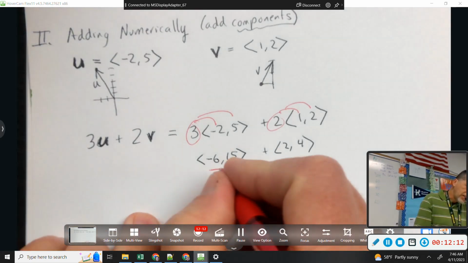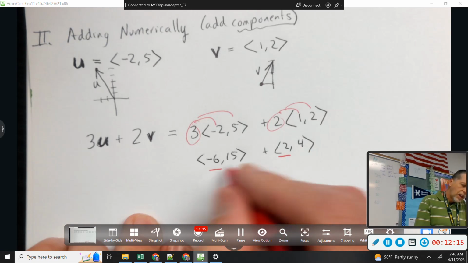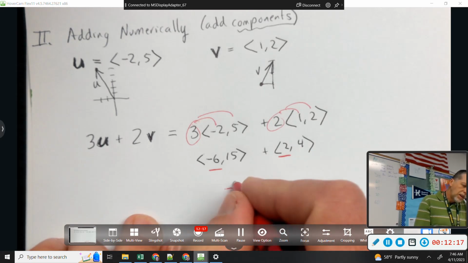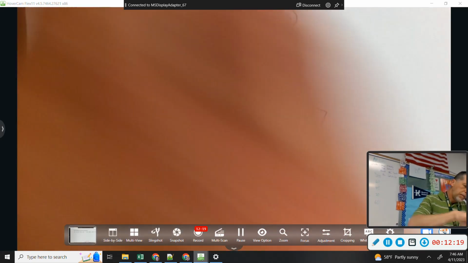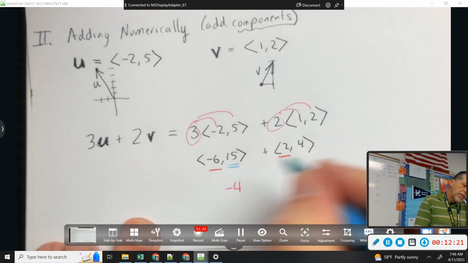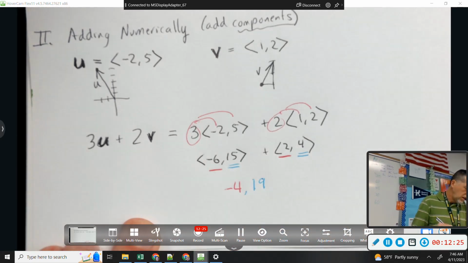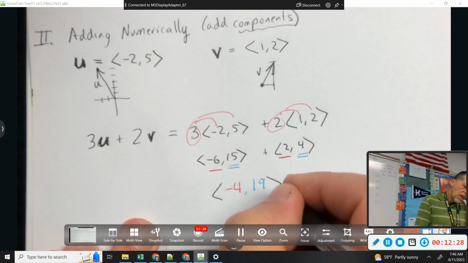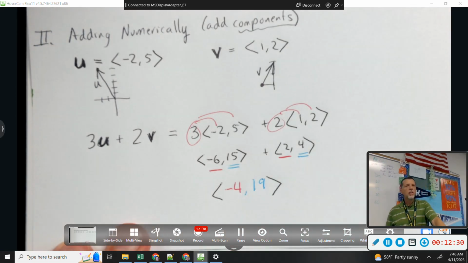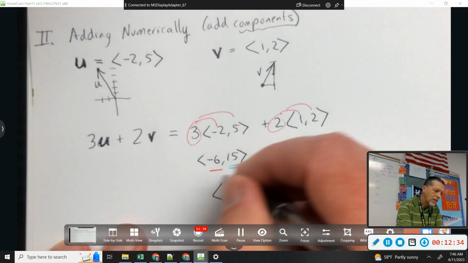We'll add the x's together. So negative 6 plus 2 would be negative 4. And then we'll add the y's together and get 19. So that's my answer to 3u plus 2v: ⟨-4, 19⟩.